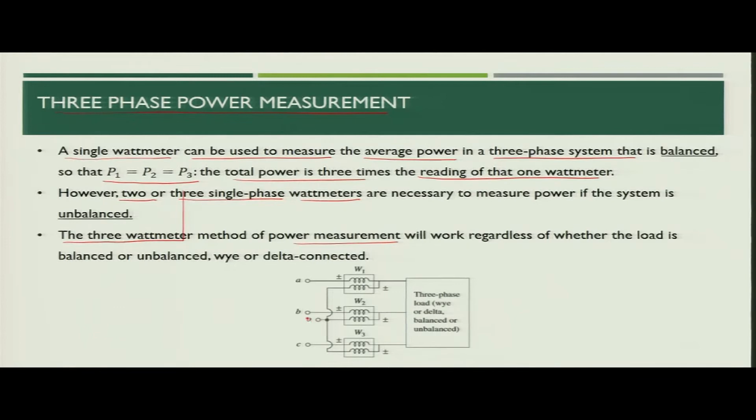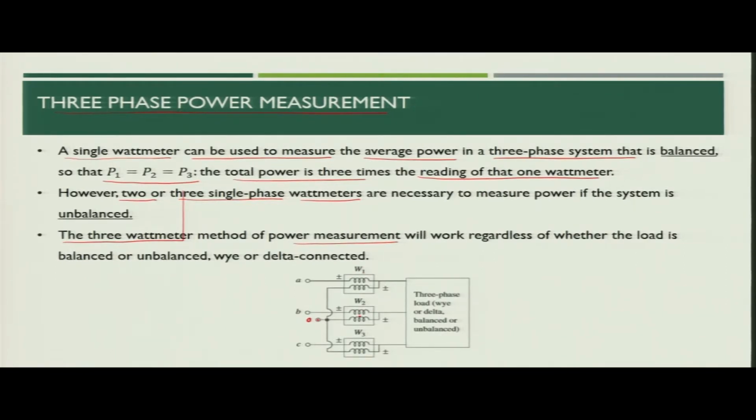Parallel means O is the neutral, or you can consider any line through which we are able to find out the potential difference between A and O. So, VAO will be the voltage given by the potential coil, and we will get the power, that is W1, from the meter W1.